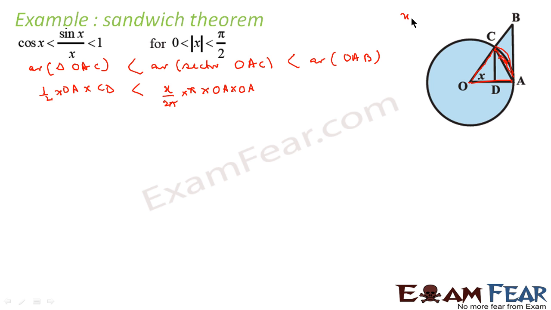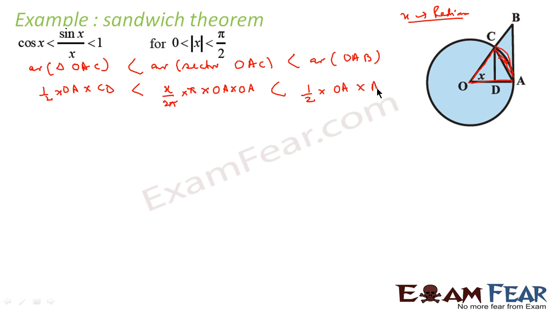This x is in radian, not in degree. So x by 2 pi is for the whole thing, 360. That's the formula of any sector with angle x radian, x by 2 pi into pi r square. And the area of triangle OAB is nothing but 1 by 2 into OA into AB.